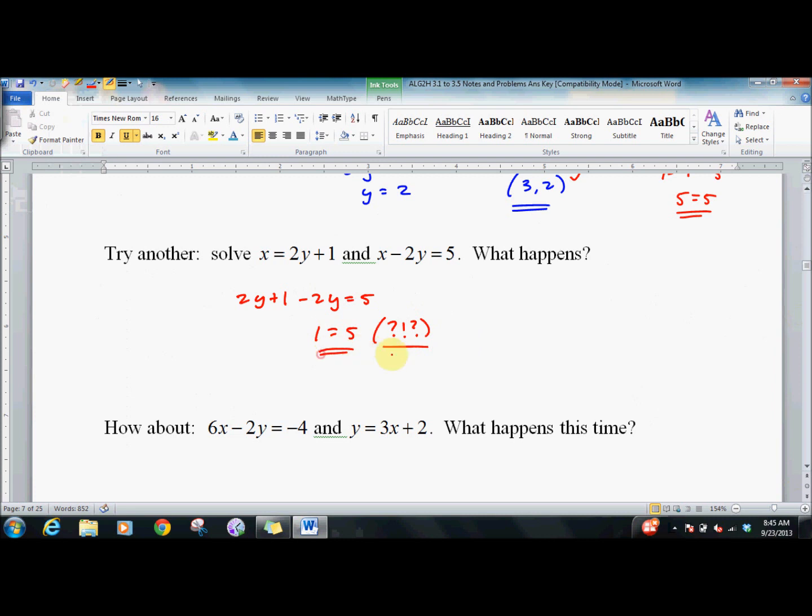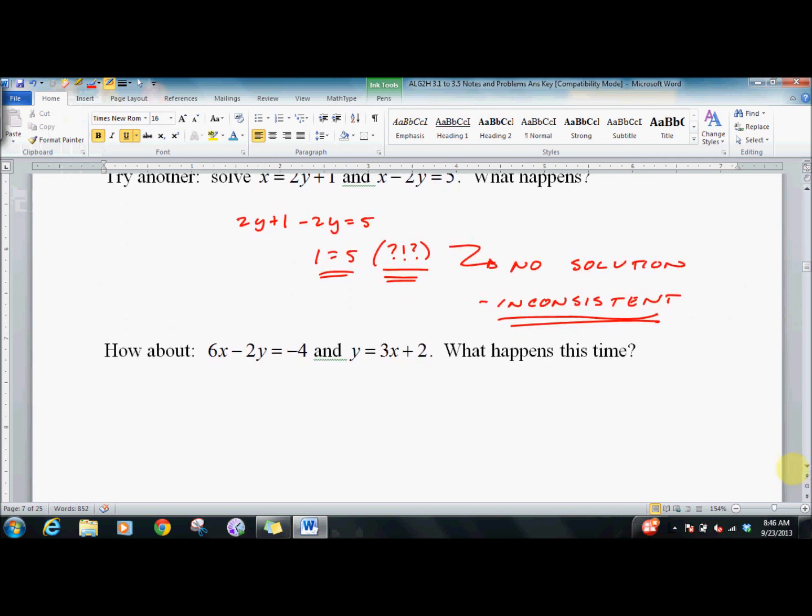We get 1 equals 5. So 1 can never equal 5. This is no solution. This would be two parallel lines. So we say it's inconsistent. Try it again on this one, see what you get.